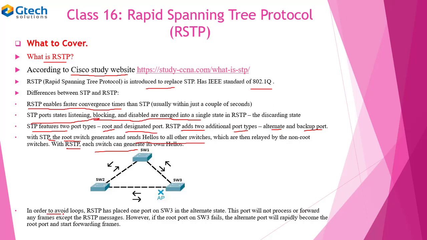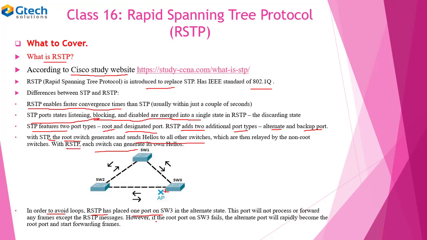So in order to avoid loops, RSTP has placed one port on switch 3 in the alternate state, okay? This port will not process or forward any frames except RSTP messages, okay?